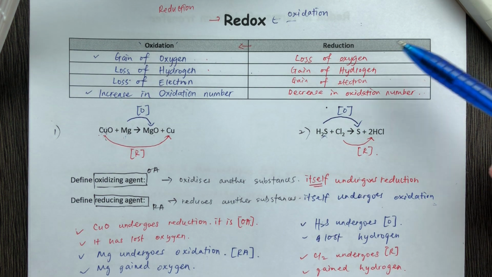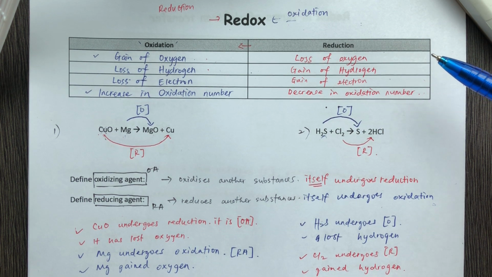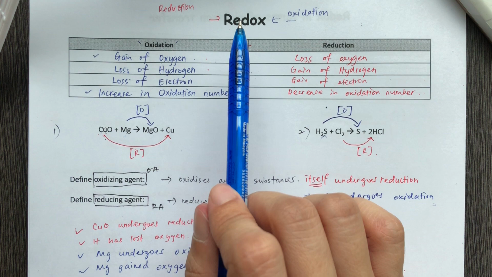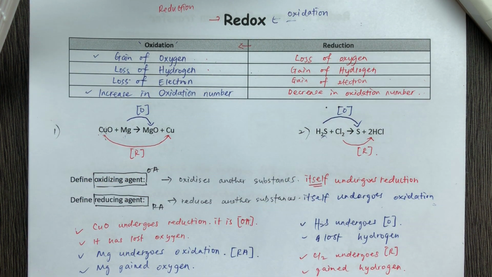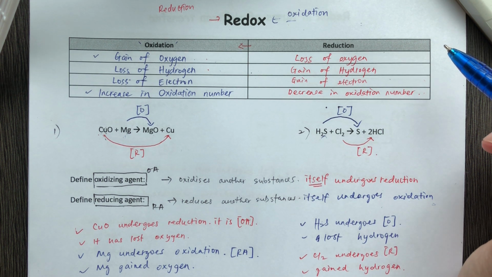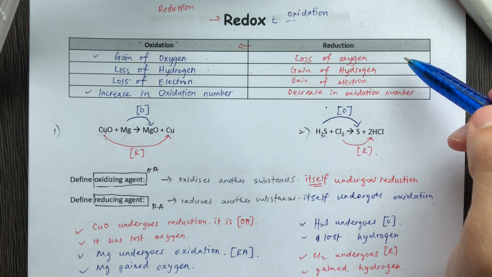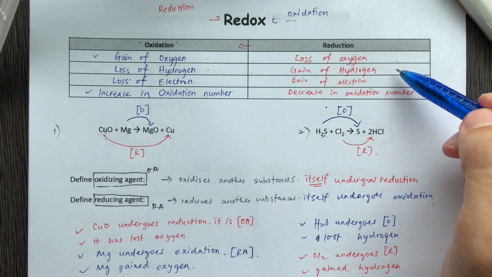Okay, so thank you. This is what we have covered for today's lesson, the basic definition for redox. And we have also covered some examples that involve defining redox based on oxygen and hydrogen.